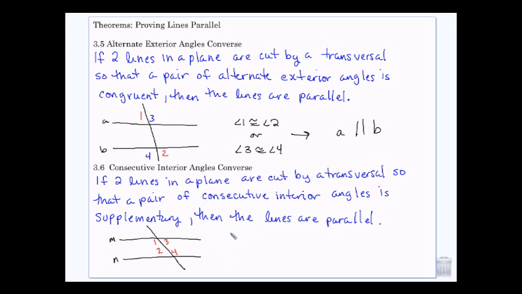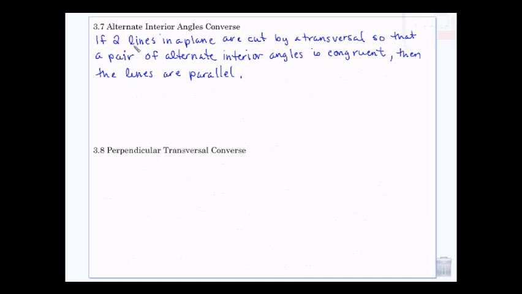And so we get that if the measure of angle 1 plus the measure of angle 2 equals 180, or the measure of angle 3 plus the measure of angle 4 equals 180, then M is parallel to N. So if these add up to 180, the lines are parallel, or if those add up to 180, the lines are parallel. Okay, so again, this is another flip-it-around thing.